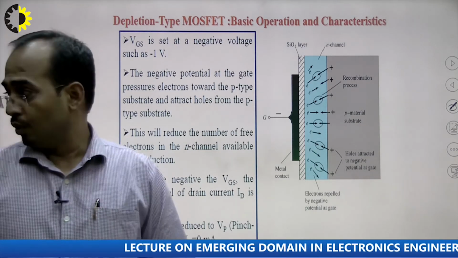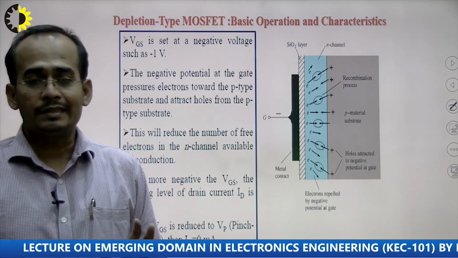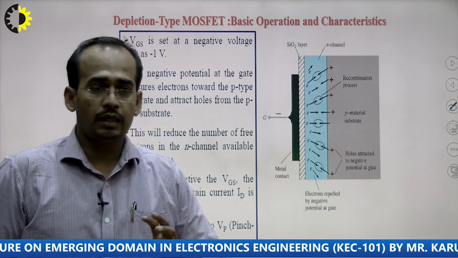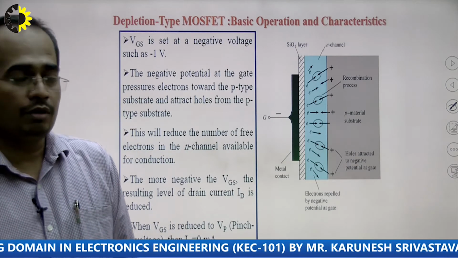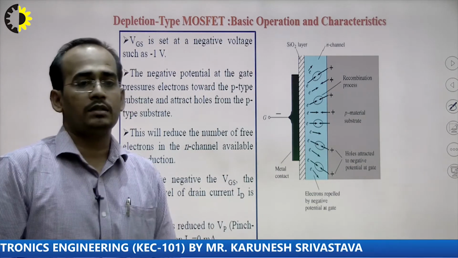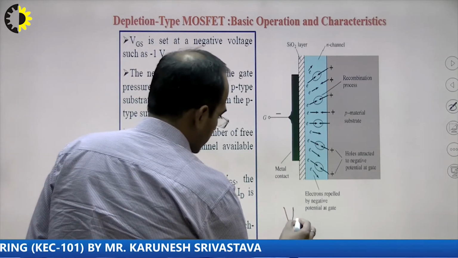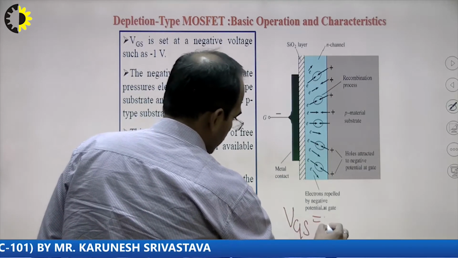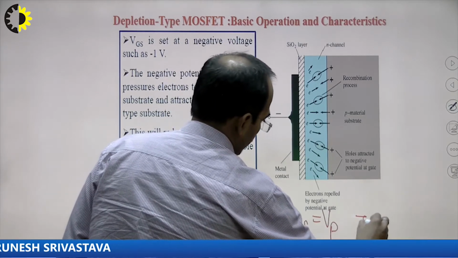The more negative the value of VGS, the greater the reduction in the drain current ID. The value of gate to source voltage at which the drain current becomes 0 is known as the pinch off voltage.